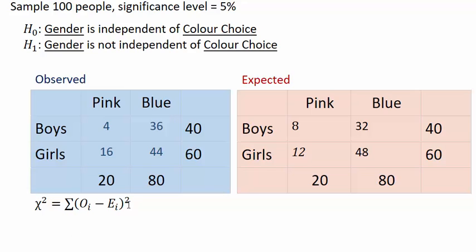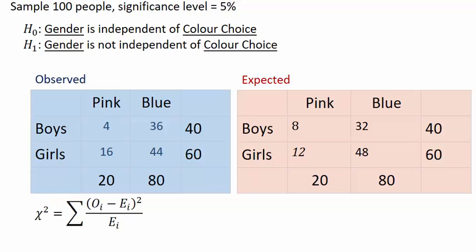Now the problem with this is that what happens if we had 4,000 boys and 6,000 girls to choose from? The chi-squared number would be much bigger, and therefore we couldn't use it to compare. And so what we do is we do this.